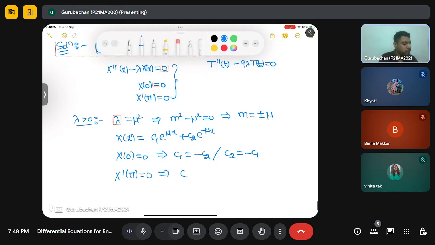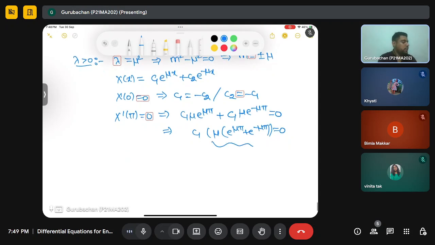This gives c1 mu e to the power mu pi plus c1 mu e to the power minus mu pi equal to 0, that is c1 mu times (e to the power mu pi plus e to the power minus mu pi) is 0. This quantity is non-zero, so c1 has to be 0. So X will be 0.